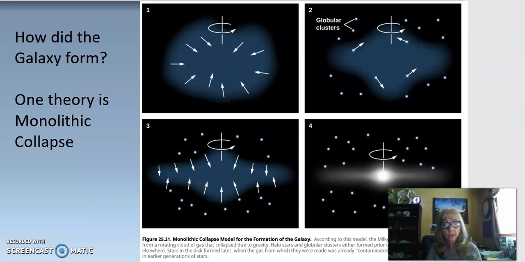So that leads us to the question of how did these galaxies form? So one of the very first theories was that it was a monolithic collapse. In other words, a huge, giant molecular cloud condensed down, and as things were spinning around, the globular clusters formed in picture 2 there. And the rest of it started spinning into a disk.